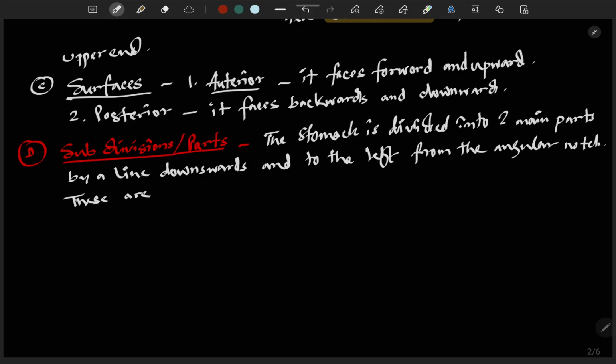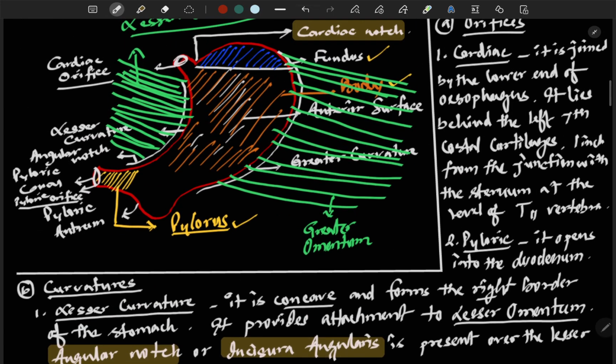Number one is the cardiac part, number two is the pyloric part. This is the cardiac part, this upper portion, and lower this portion is the pyloric part.